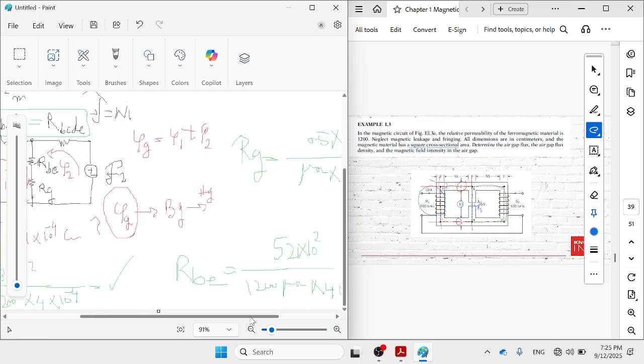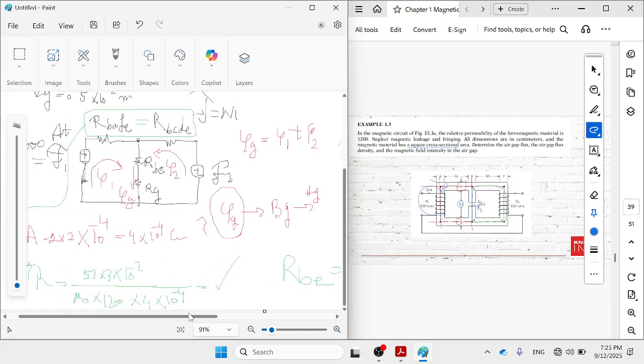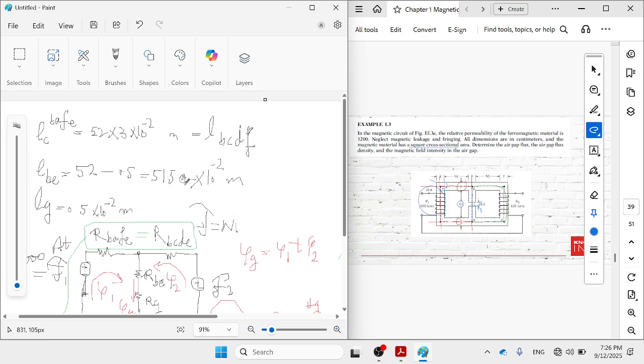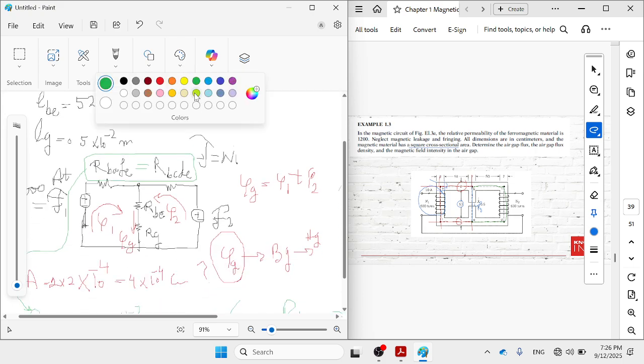Then what should we do? We can calculate all these values. Then we should write down the two equations at the same time. From this source, 5,000 is MMF number 1. Let me clear here, then change the color to blue.